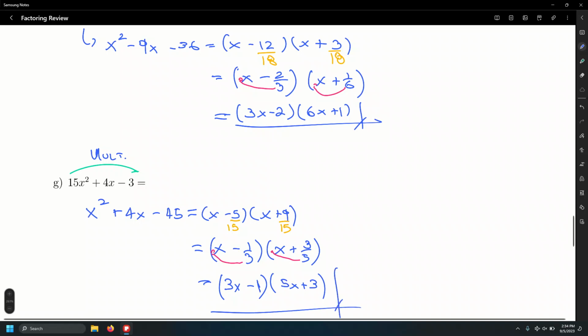Final answer. Same result, right? And again, you have a choice of whether to use this slip and slide method or the diamond method. Either way, it's up to you. All right?